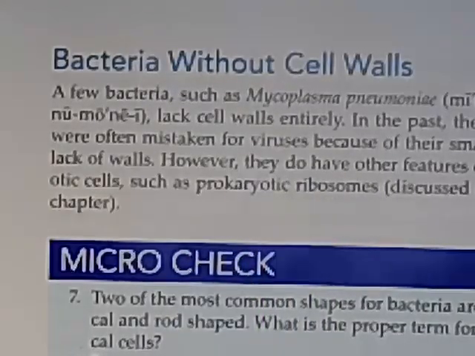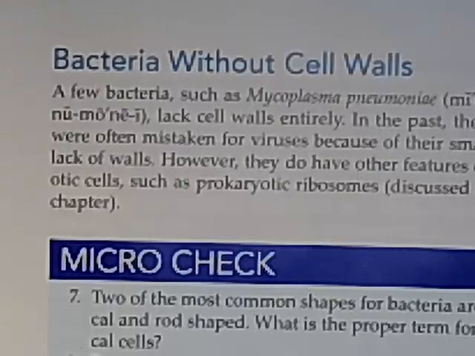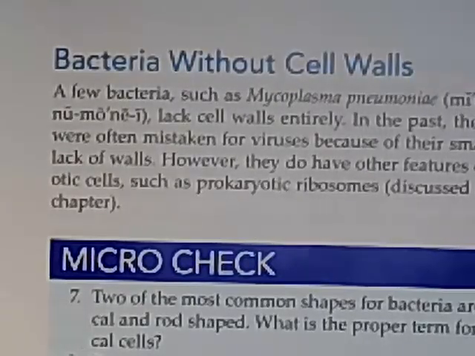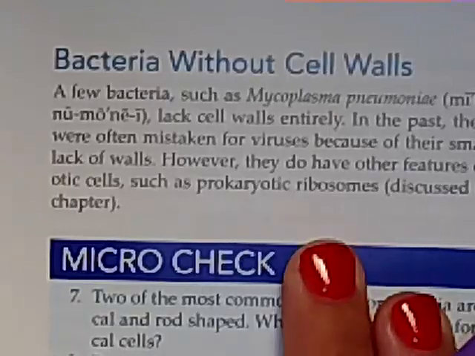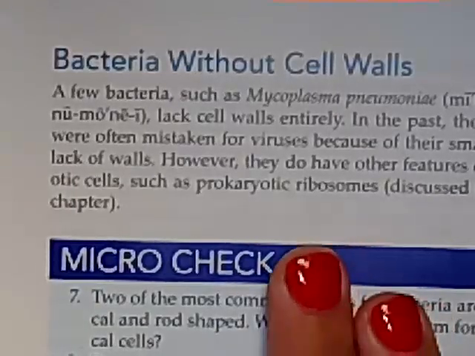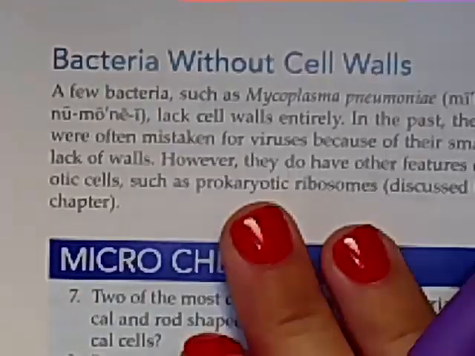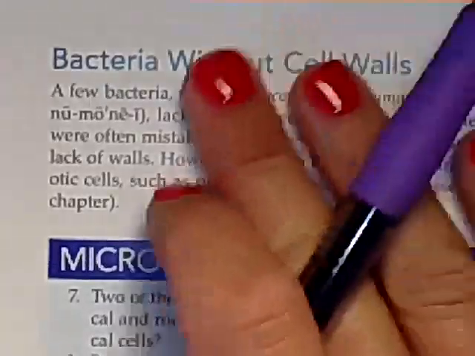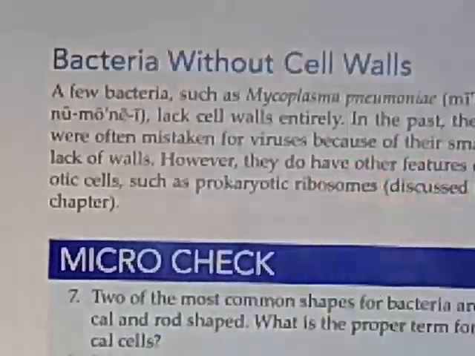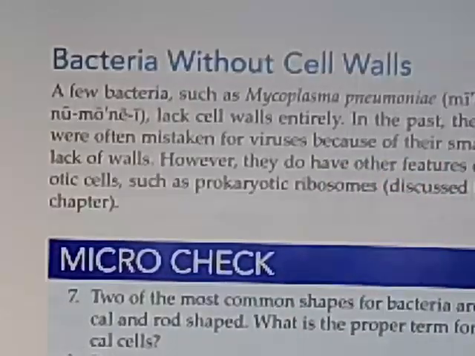So we at first thought they were viruses because they're very, very small and they lack a cell wall. So we thought, okay, they must be a virus. But then we learned that they are definitely prokaryotic. They have specific structures such as DNA and the specialized ribosome for bacteria. So we understand that they are definitely bacteria. They just lack a cell wall. So we have to put them in a special category because they don't fit with the others.